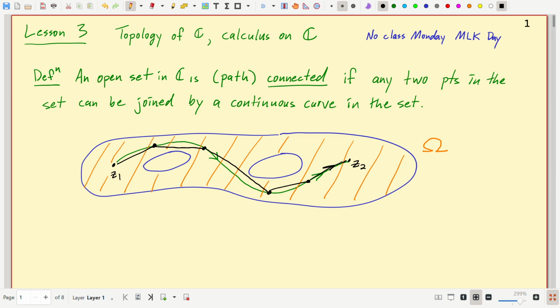So a thing to note is that we could change the definition to mean a piecewise C1 curve. In fact, that's piecewise linear. So in fact, in omega, we can assume that the curve is piecewise C1. I like to call my curves gamma.